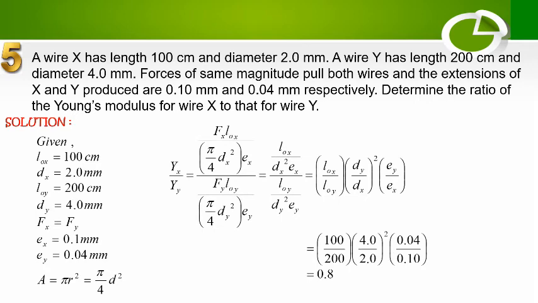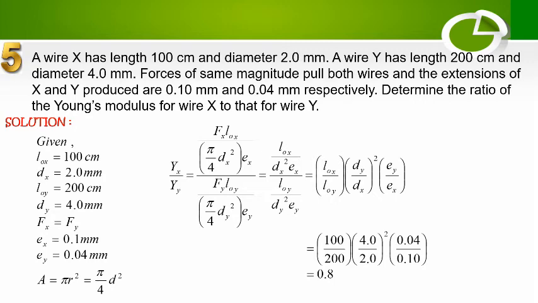For question number 5, there are two wires, wire X with a length of 100 cm and diameter 2 mm and wire Y with a length of 200 cm and diameter 4 mm. Forces exerted on both wires are equal and the extensions produced are 0.1 mm and 0.04 mm respectively. We need to determine the ratio of the Young modulus for wire X to wire Y. So take a look at the information given and the hidden information.